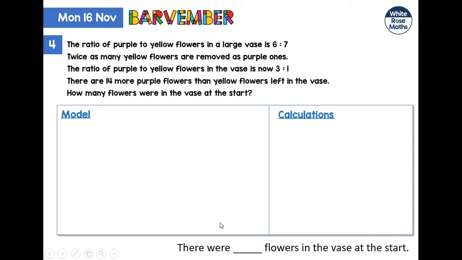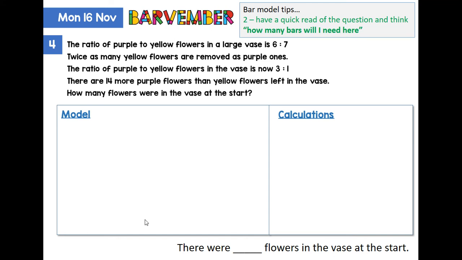Question 4. Now, I'm not a big fan of this question either, but we'll work through it and you'll see why I'm not a big fan of it. So how many bars do I need? Well, I've got some purple and I've got some yellow flowers. So I imagine I've got 2 bars, purple and yellow.